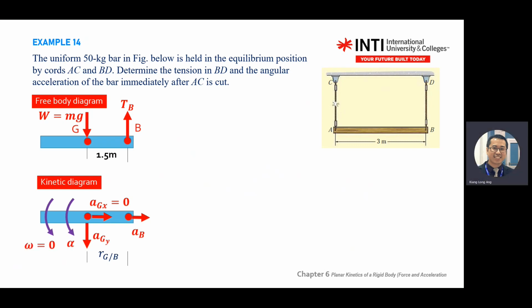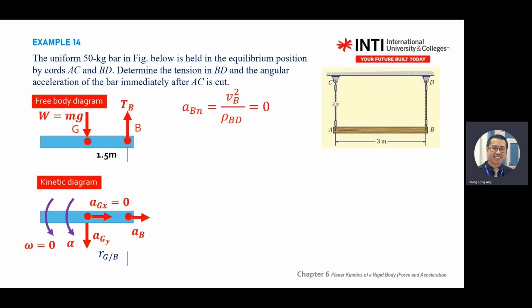Okay. So you can add a little bit more information when you cut rope AC. The body will swing anticlockwise. So you have alpha, and then omega is 0, right? So acceleration, when this one swings, you will have circular motion.